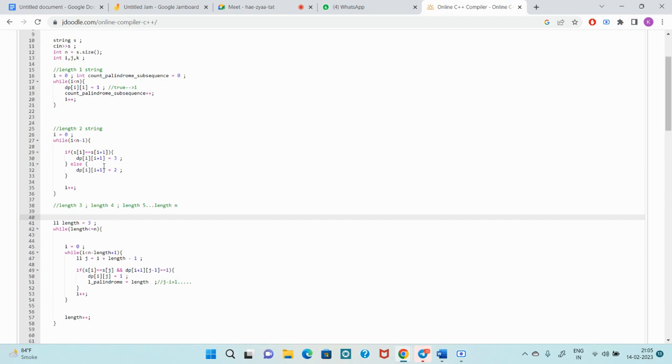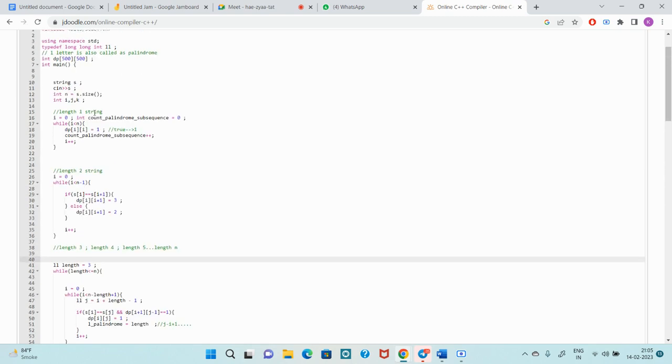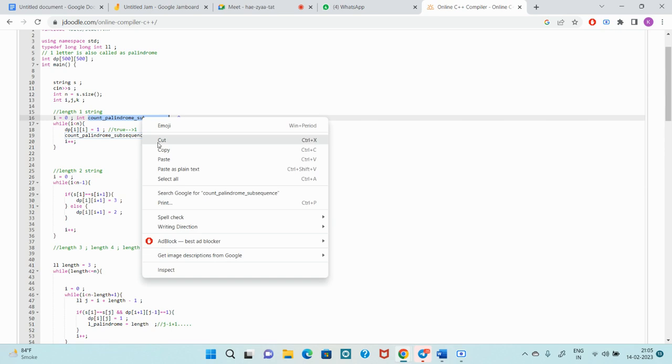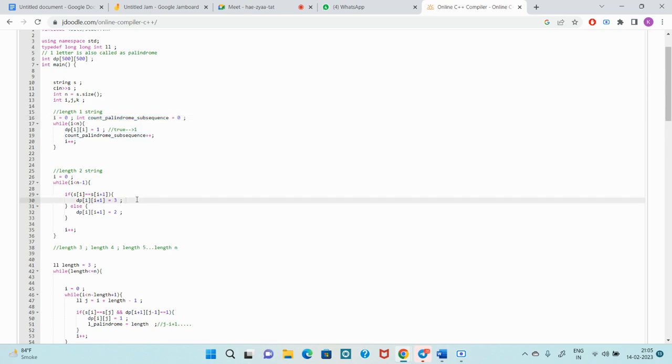So guys, is everything clear for length 1 and length 2? Please check the code. If I have written something wrong, let me know. So guys, here we don't need this variable anymore, because dp[0][n minus 1] will automatically give us the number of all palindromic subsequences from 0 to n minus 1.